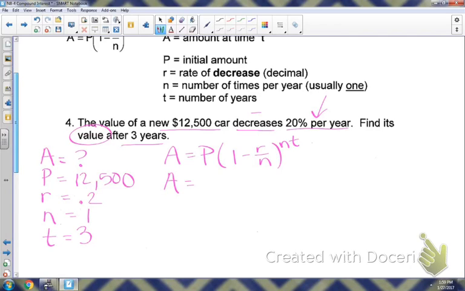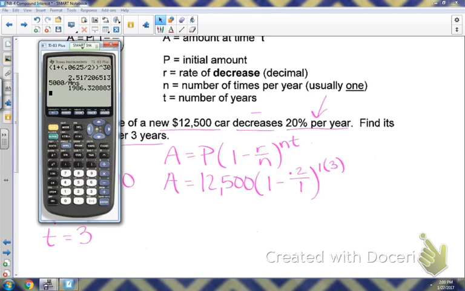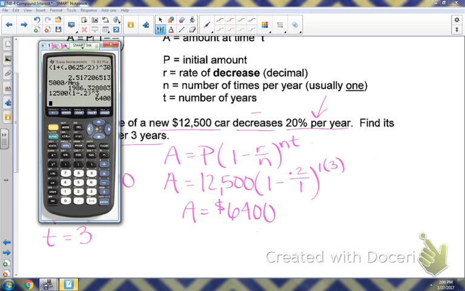So plugging in. So when you're plugging in, you should get something less than, because you're subtracting. Notice this time, since we're dividing by 1, all I would have to put there is 0.2. We're raising that to the 3rd power. So you should end up getting $6,400 would be the value of the car after 3 years. So it's depreciating, it's going down.